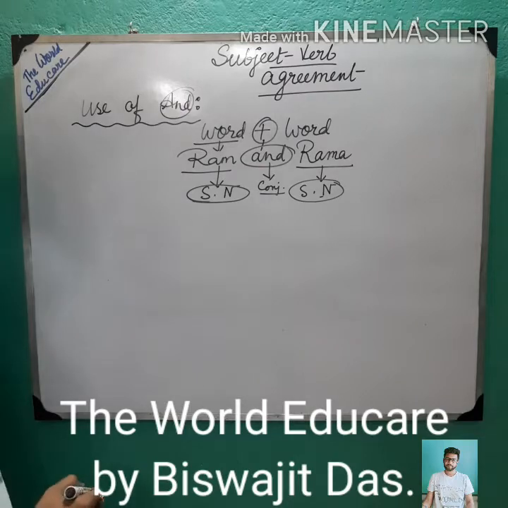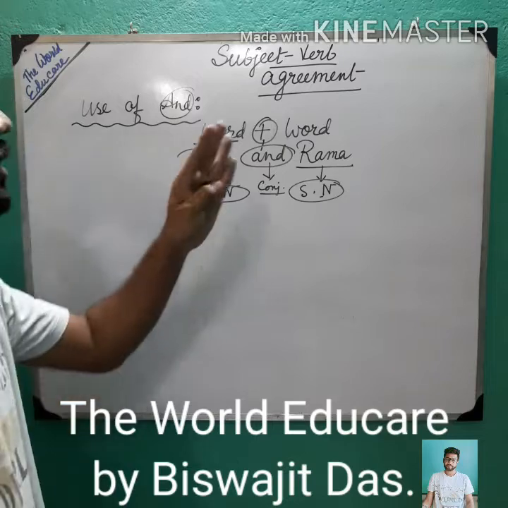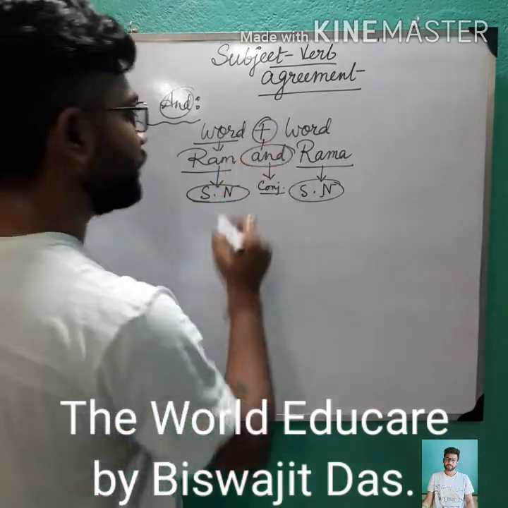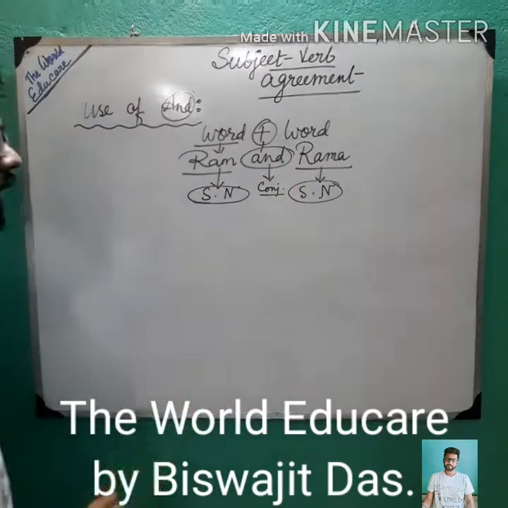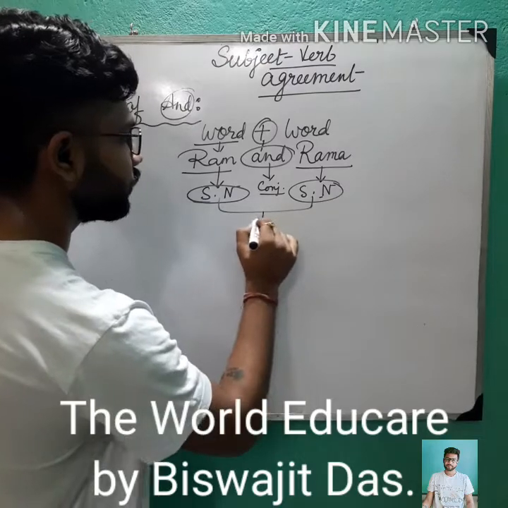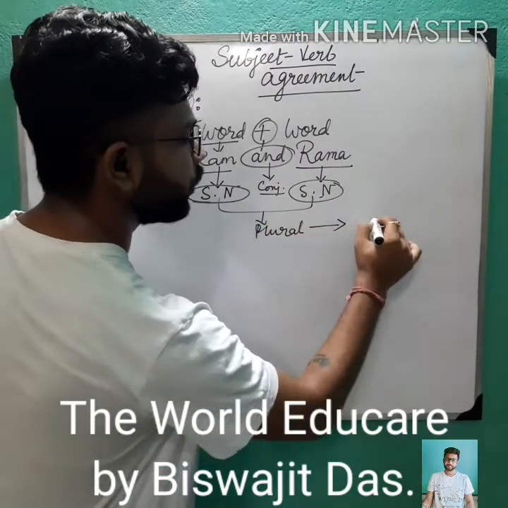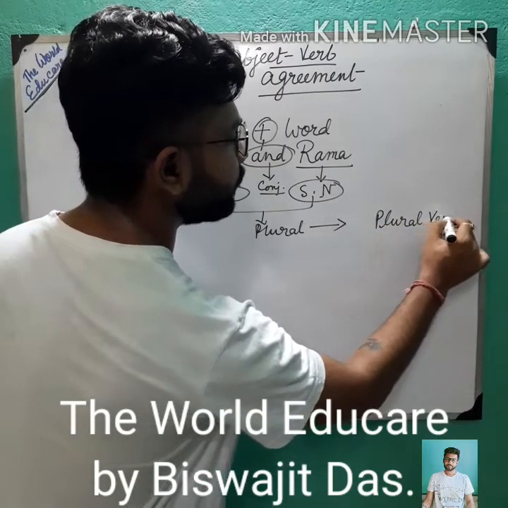Now tell me whether there we have to use a singular form of verb or plural form of verb. When this and joins these two words, it becomes plural. And we will use a plural verb.